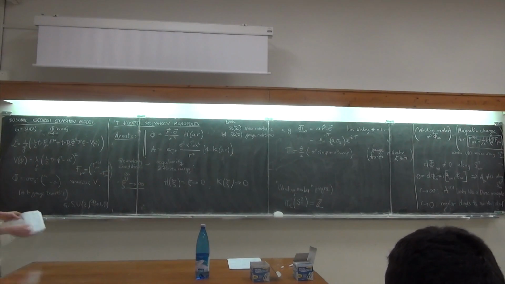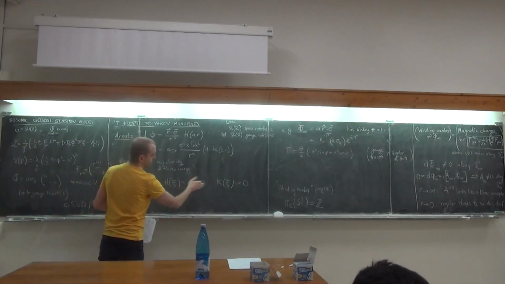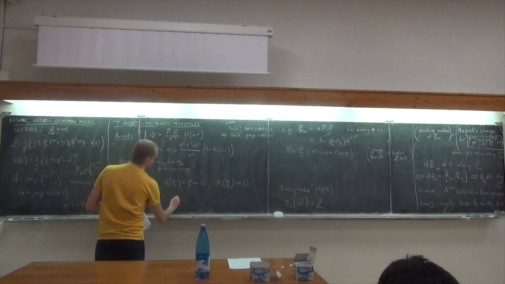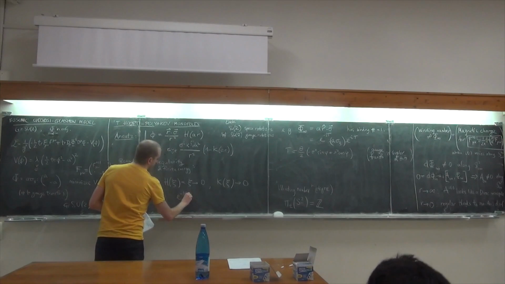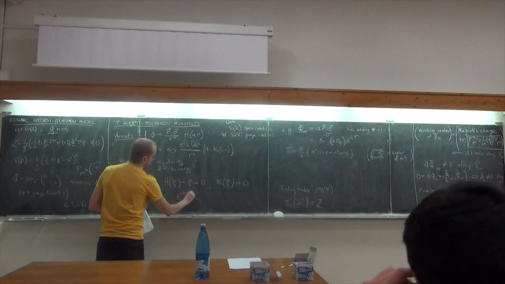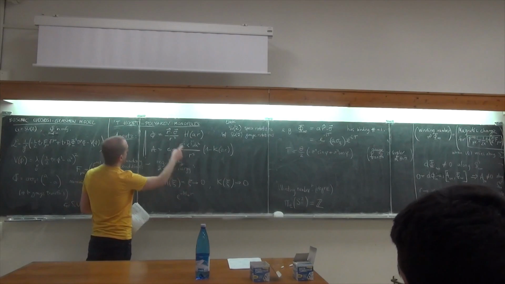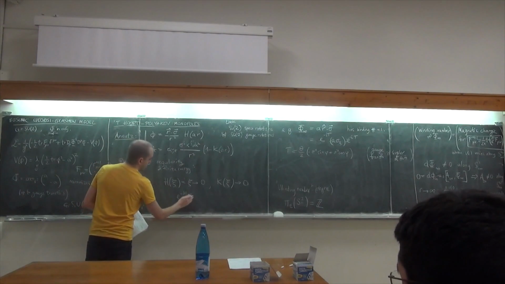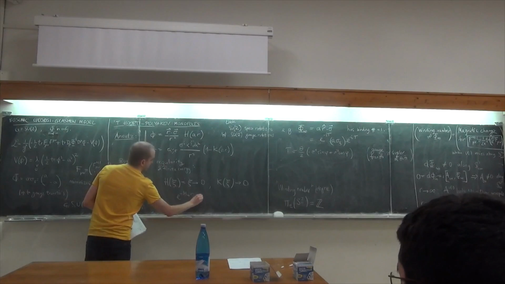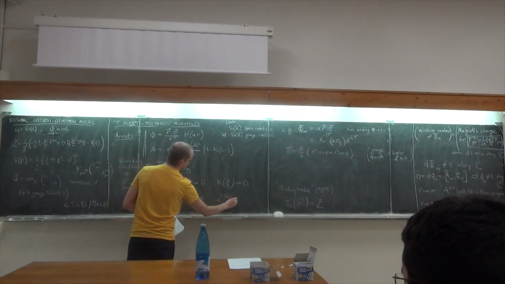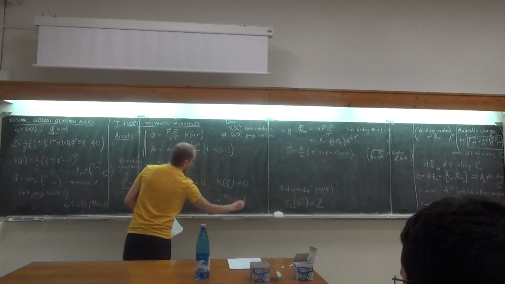The decays to 0 here are up to exponential corrections, like e to the minus mass of the massive field. So they go like e to the minus mass of W times R for A, and e to the minus mass of the X field times R for the scalar.